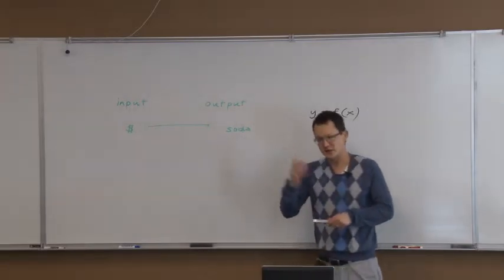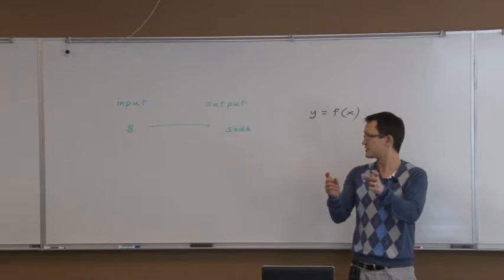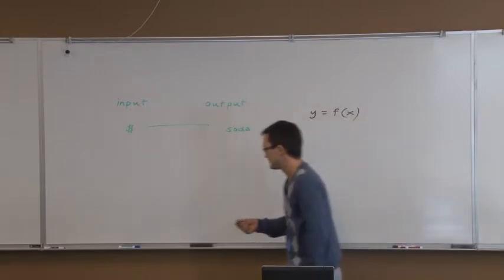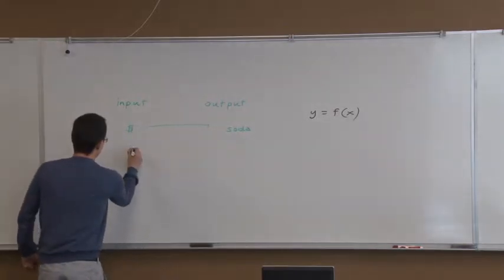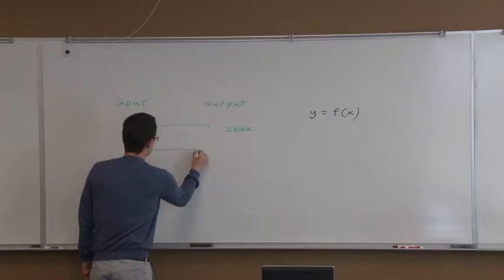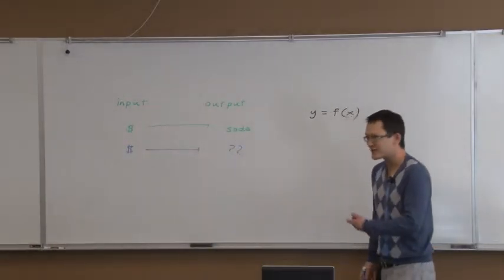Now, a way of really understanding a function is to play around with that mathematical definition just a little bit, and you can see that those situations are unnatural. So I'll give you an example. What if you put your money into the machine, and lo and behold, this has happened to all of us, nothing comes out?